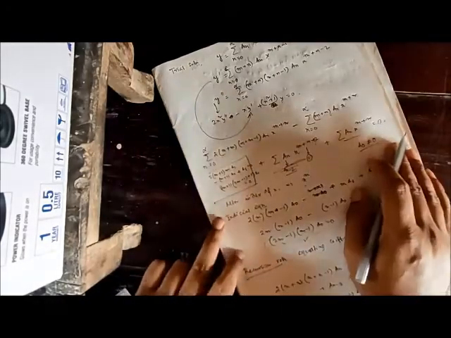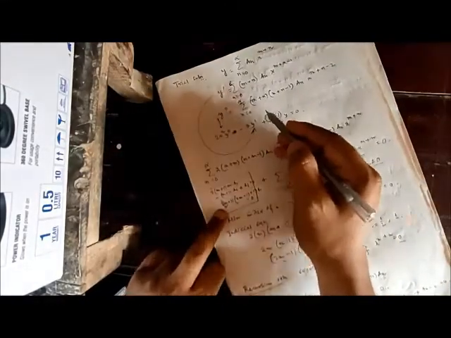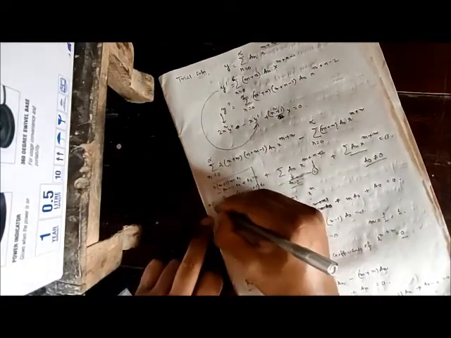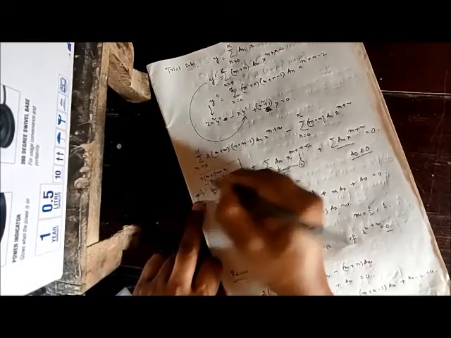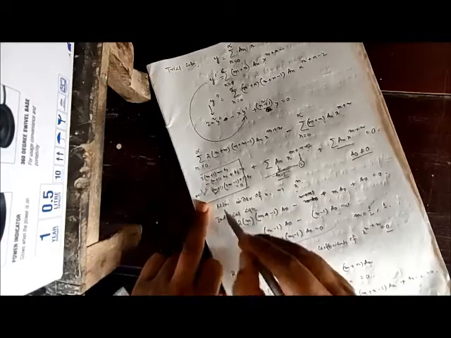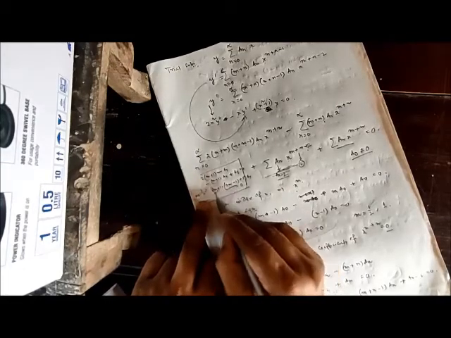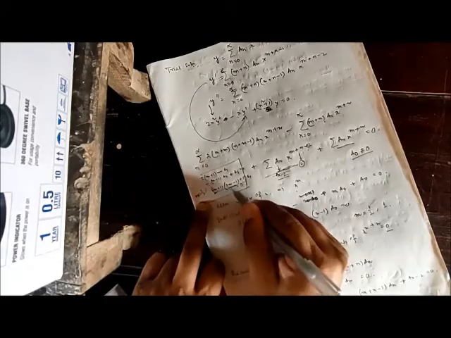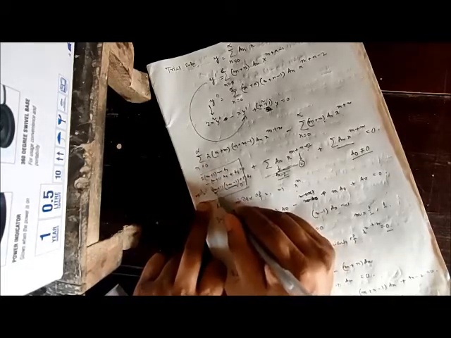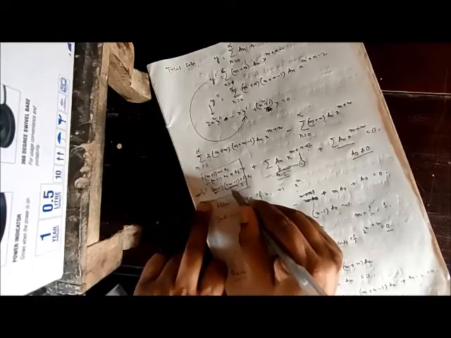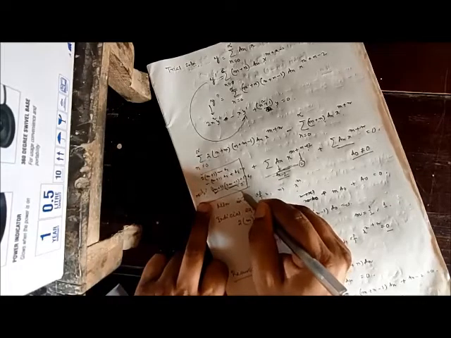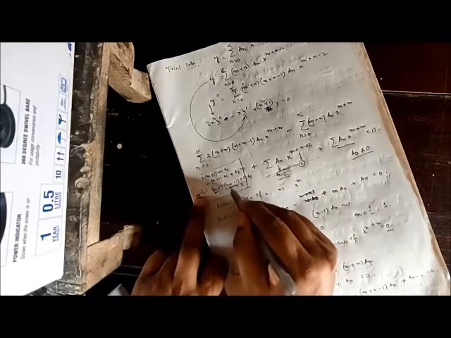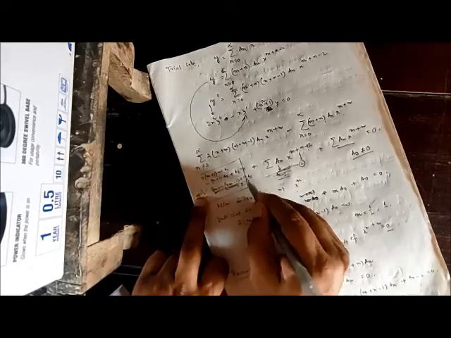As you choose m, your preferable choice is m equal to either half or 1. If you put m equal to half or 1, this term will not become 0. If you put m equal to 1, what is the value? This will be 2, this will be 2 minus 1, that is 1, plus 1. So 2 plus 1, 3 a1 equal to 0. And for m equal to half, this becomes 0, 1 into a0.